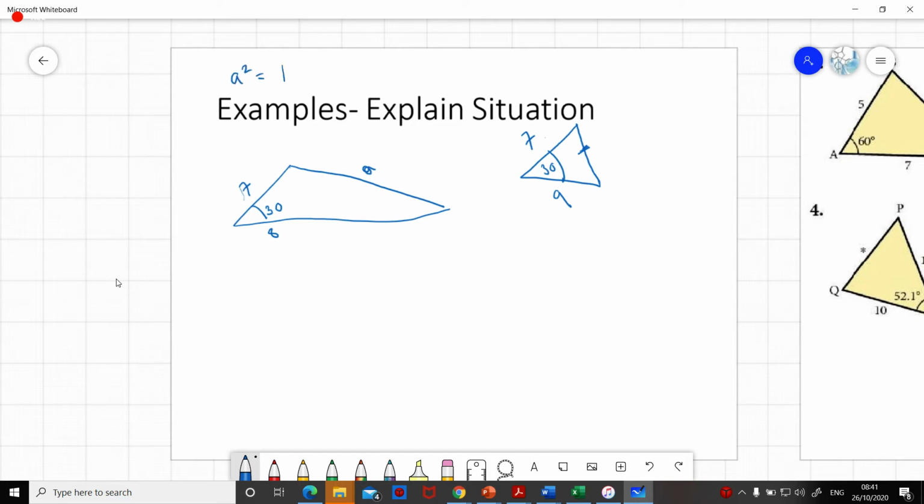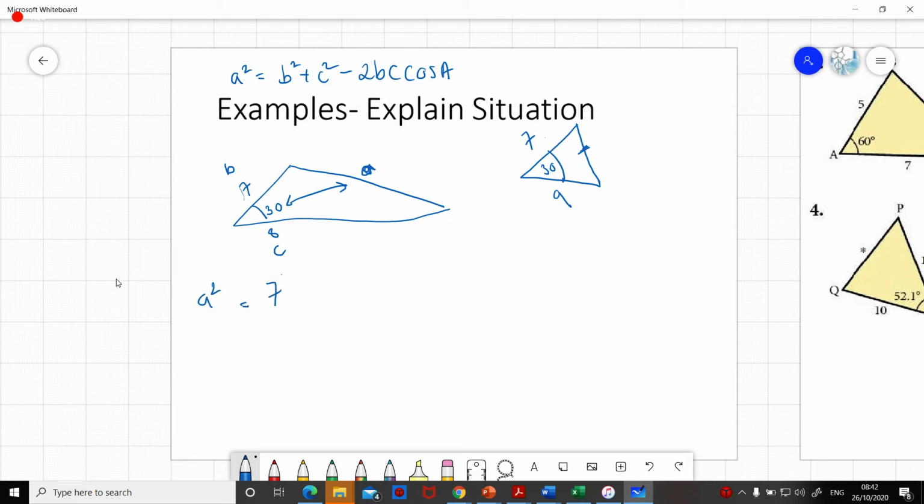The cosine rule states the formula a squared equals b squared plus c squared minus 2bc cos A. Your b and c are always going to be these sides, and your cos A is the angle in front of a.